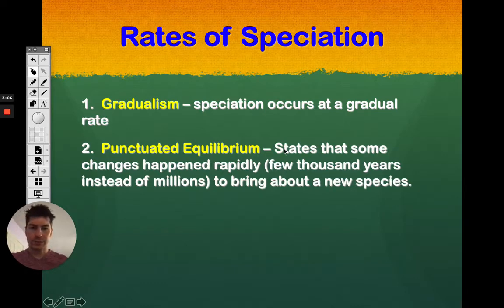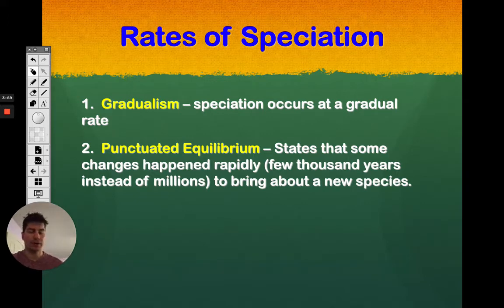Gradualism is when the species slowly changes over time to finally reach the end result. I've got a picture of it in the next slide. It takes a long time with gradualism for the species to look the way it does. The second one is called punctuated equilibrium. This states that instead of taking a very long time like gradualism, it's very rapid.